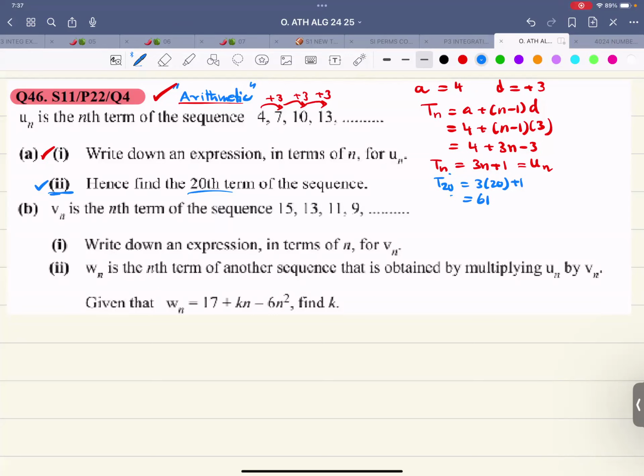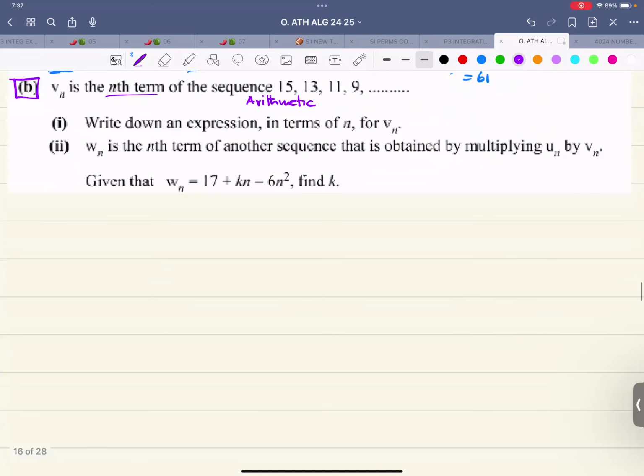Now, it's good practice for you: the next part, part B, also seems like another arithmetic sequence. Let's have a look. That is my gut feeling, I need to check it. Part B: there is 15, 13, 11, 9, and so on. Now, what is being added?